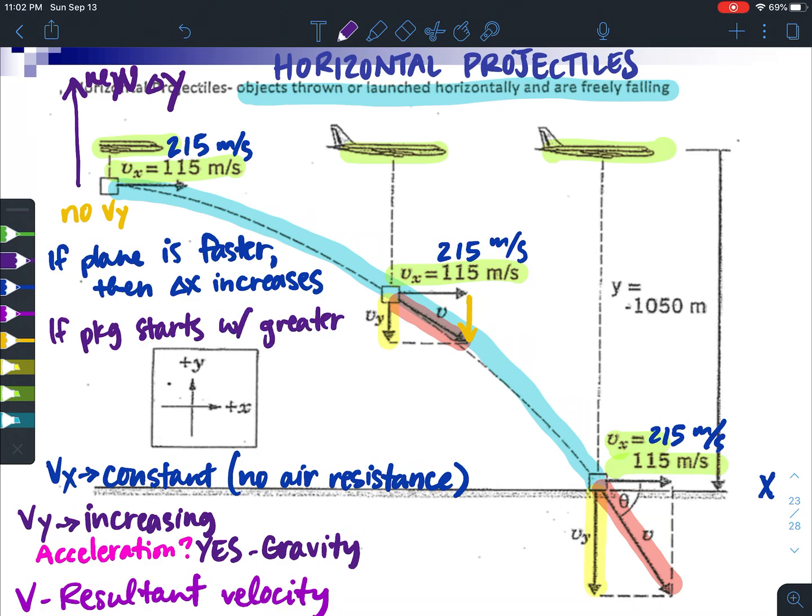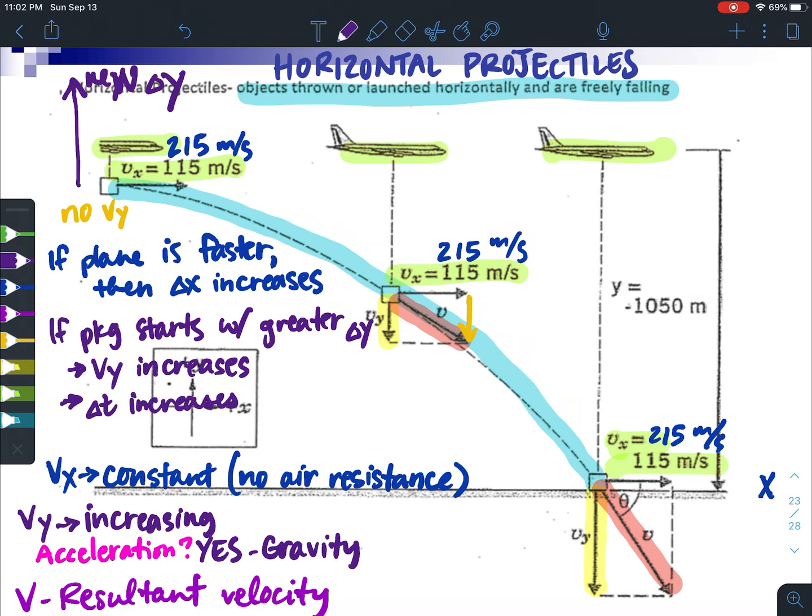So we have a greater delta y. Because we have a greater delta y, then that means gravity acts for a longer time. So Vy will increase. Okay. We also will see time increase because we're starting from higher up. Okay.